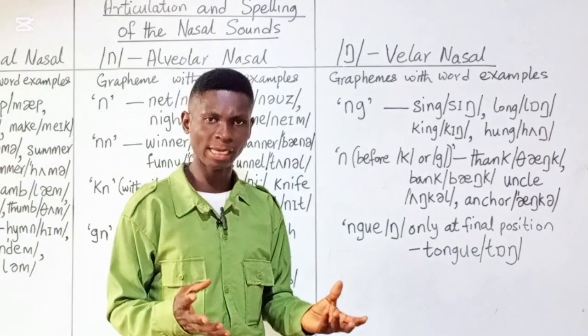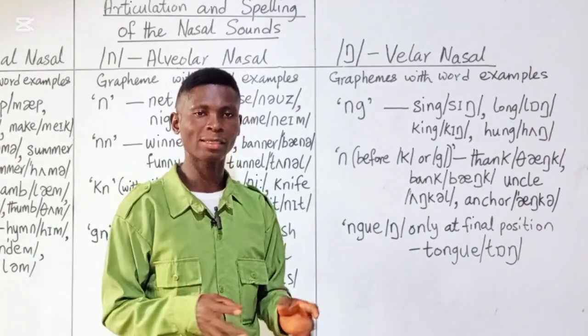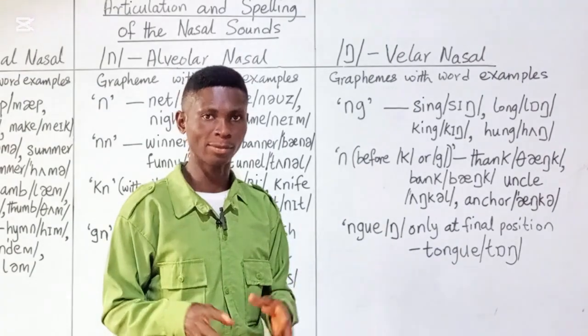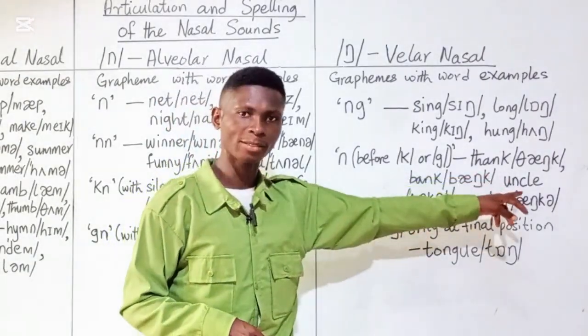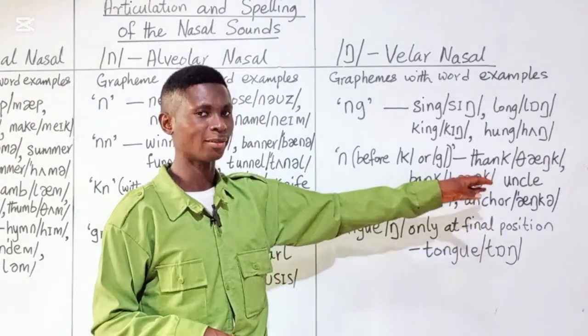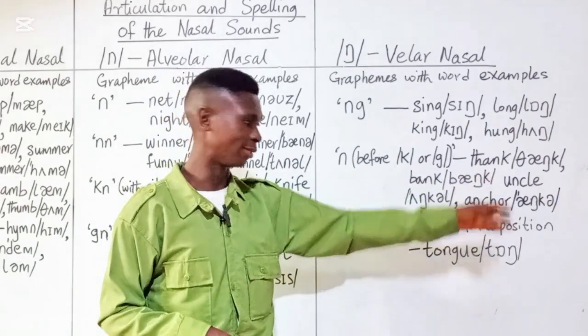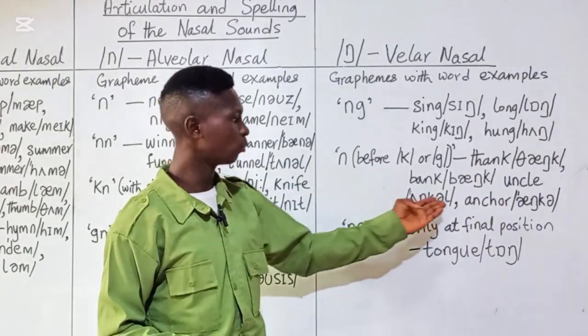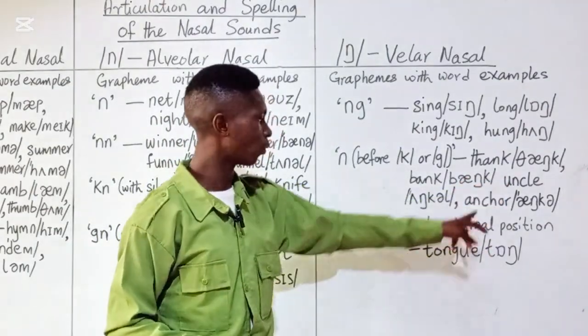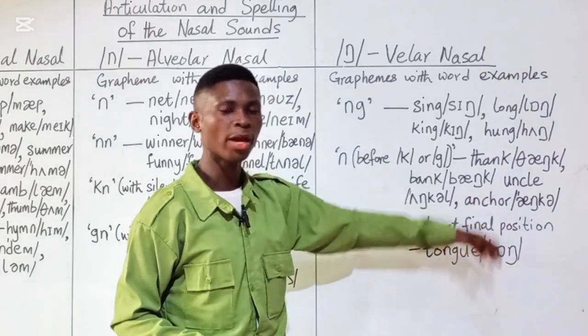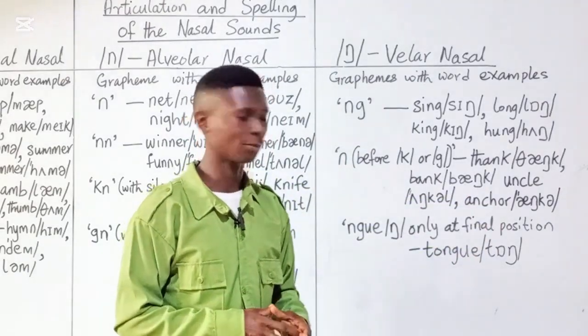That's why we realize it as uncle. So we have K there. Hence, the letter N is realized as the velar nasal. The same thing is applicable to the word anchor. In place of CH, we have the K sound.